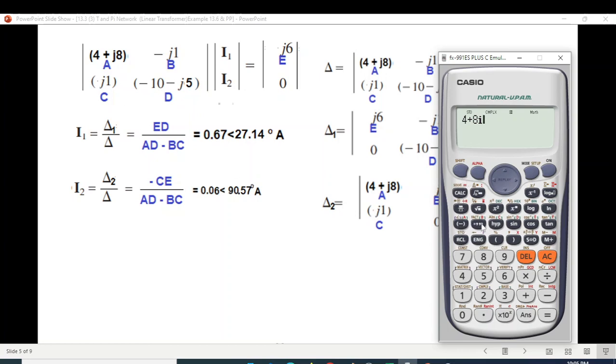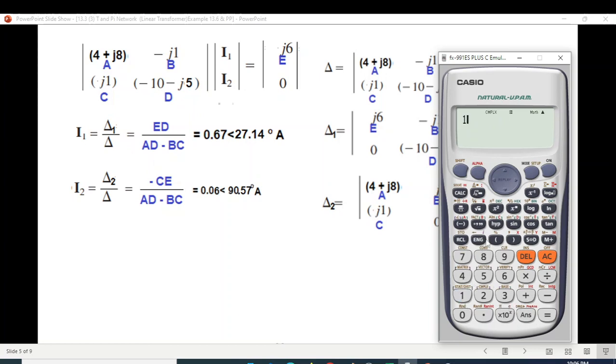So this is A, B, C. So we press the negative sign. So A is assigned to this, clear. Then B is minus J1. So minus 1I, shift store B. So it is assigned. C is J1.